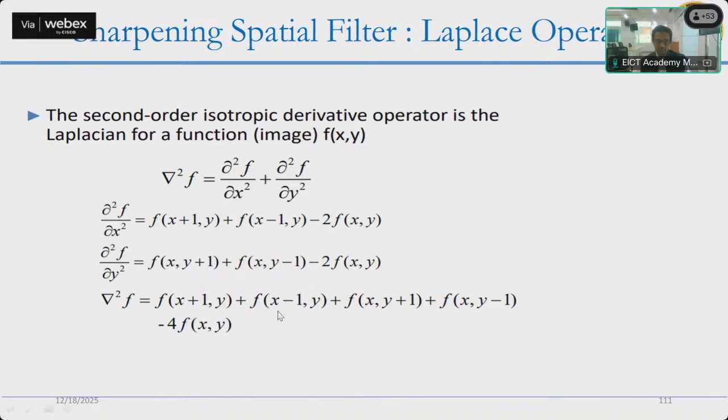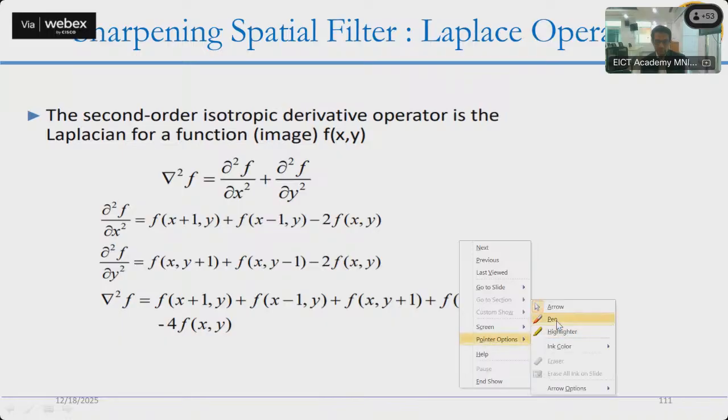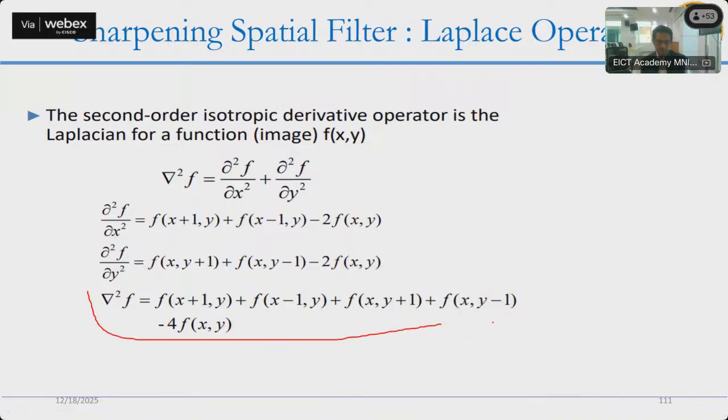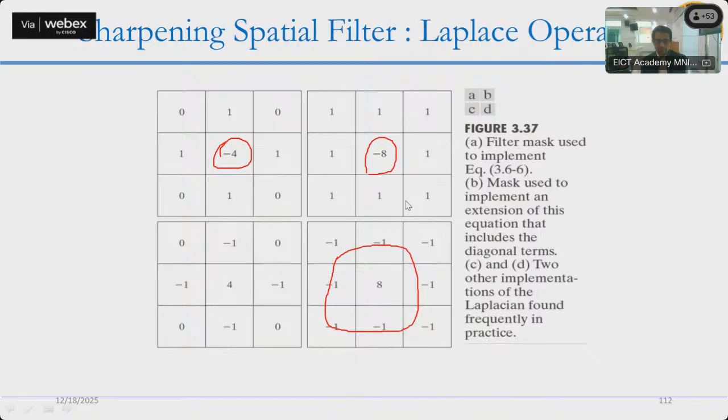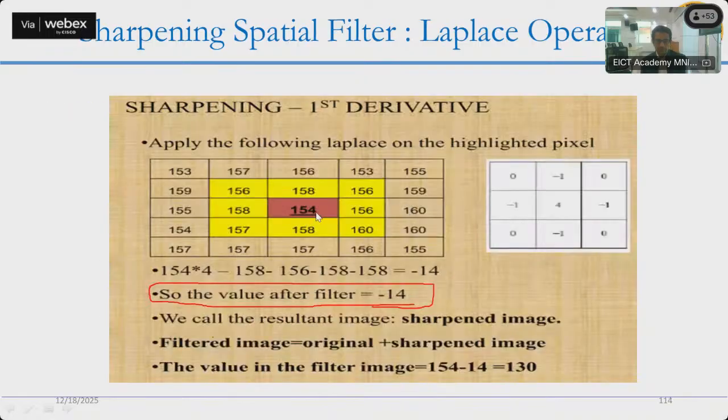See, this is basically my image. When we are doing this operation at the first order level, what we are doing is 154 into 4. We are doing all these values, so we are getting minus 154, and this 154, this one, and then we will subtract it, because it is the original pixel value plus this value.